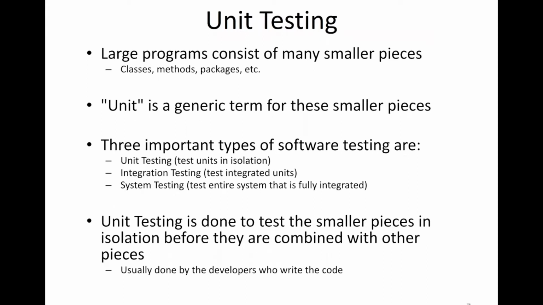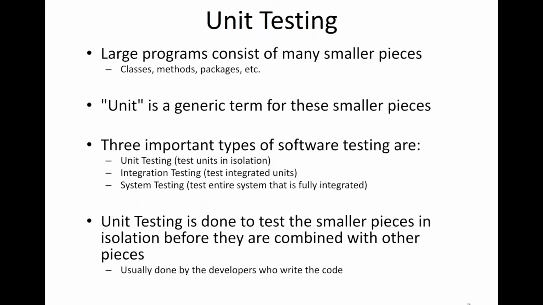So large programs consist of many smaller pieces. They consist of classes. Those classes consist of methods. We tend to put classes together in packages, and we need to test each of those pieces individually. When we test a small piece, we usually call that a unit, and the test we're testing it with is a unit test.